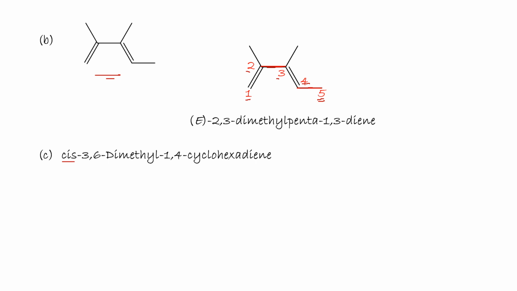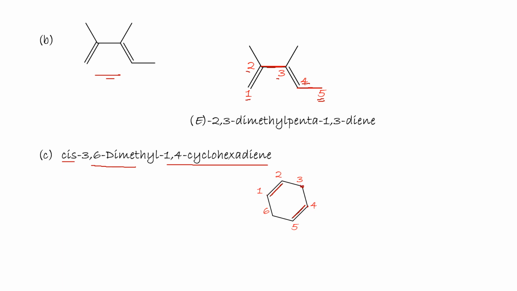Draw cis-3,6-dimethyl-1,4-cyclohexadiene. First, I'll draw 1,4-hexadiene, with double bonds at 1 and 4, and then we go on 3 and 6.